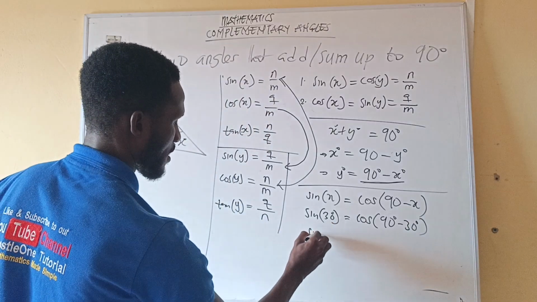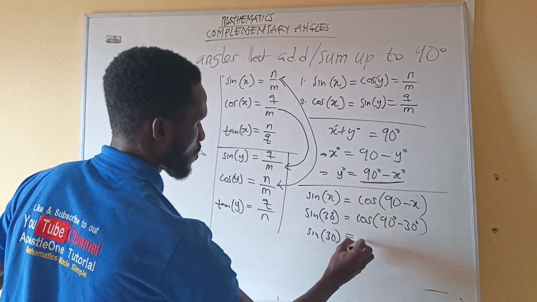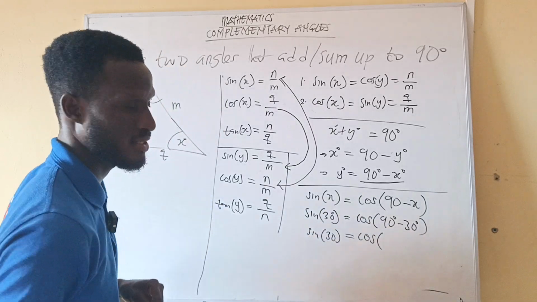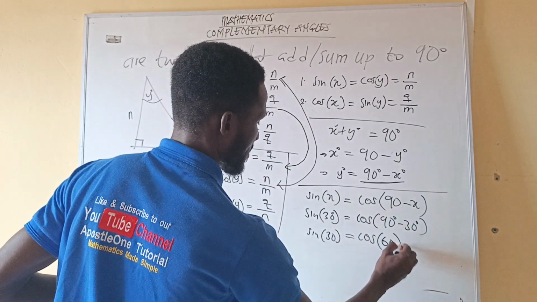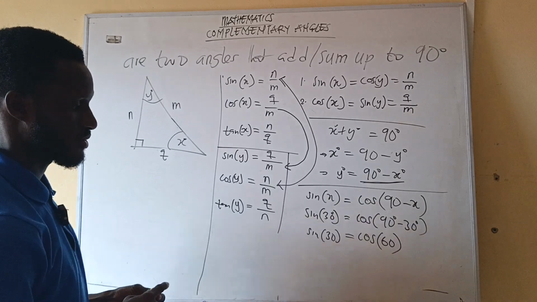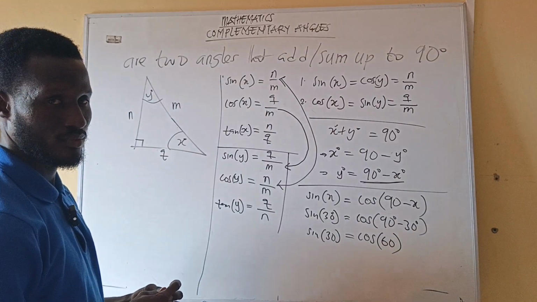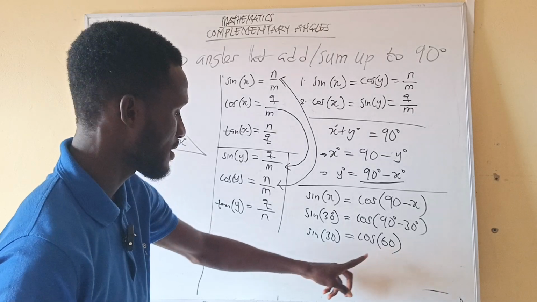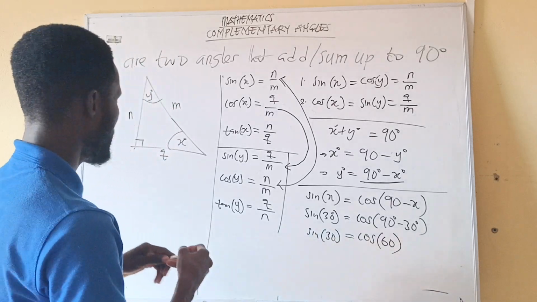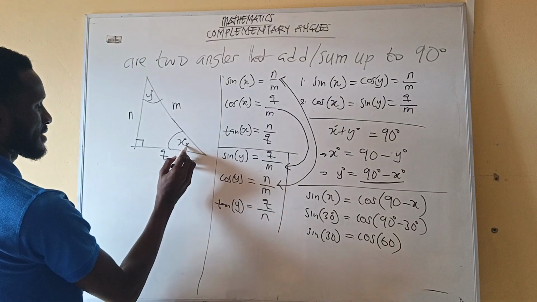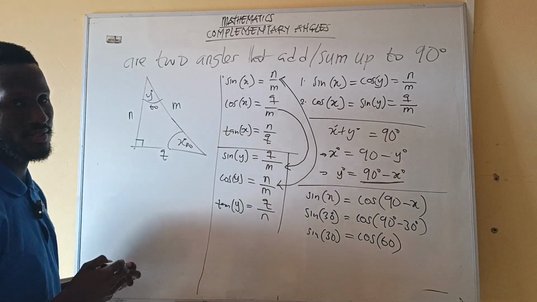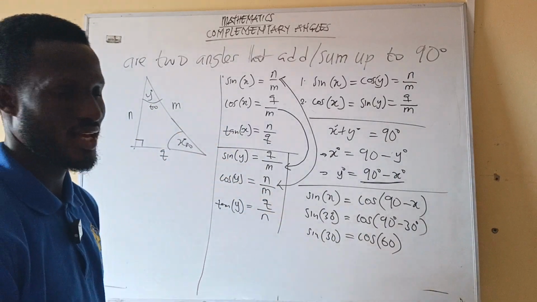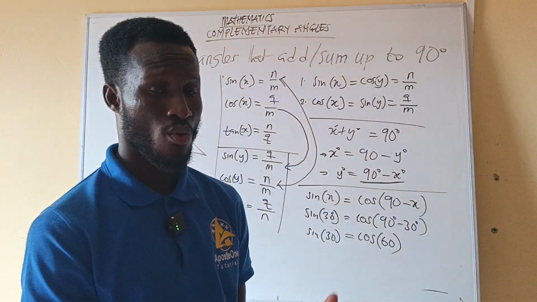It means that sine 30 will give us cosine of 90 minus 30, which is 60 degrees. Don't forget that the y here becomes 60 and the x here becomes 30, meaning the moment this side is 30, here will become 60. And these two things are complementary angles.